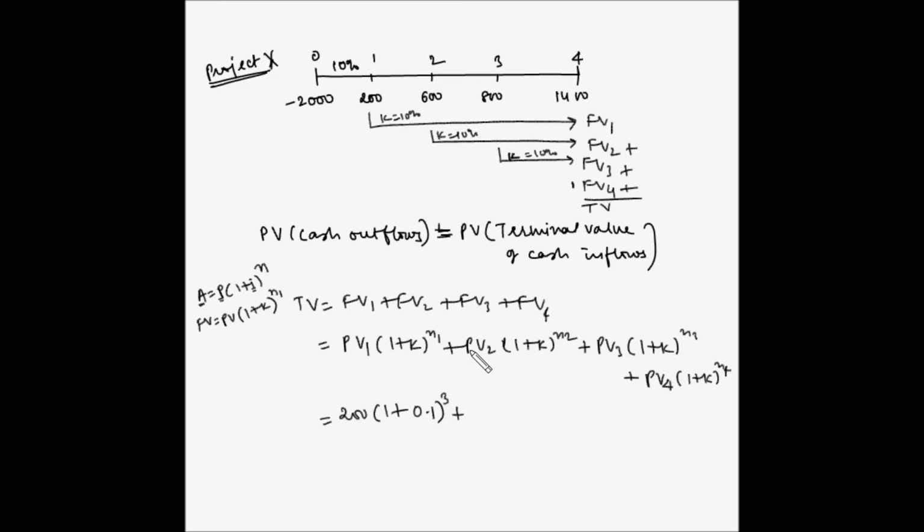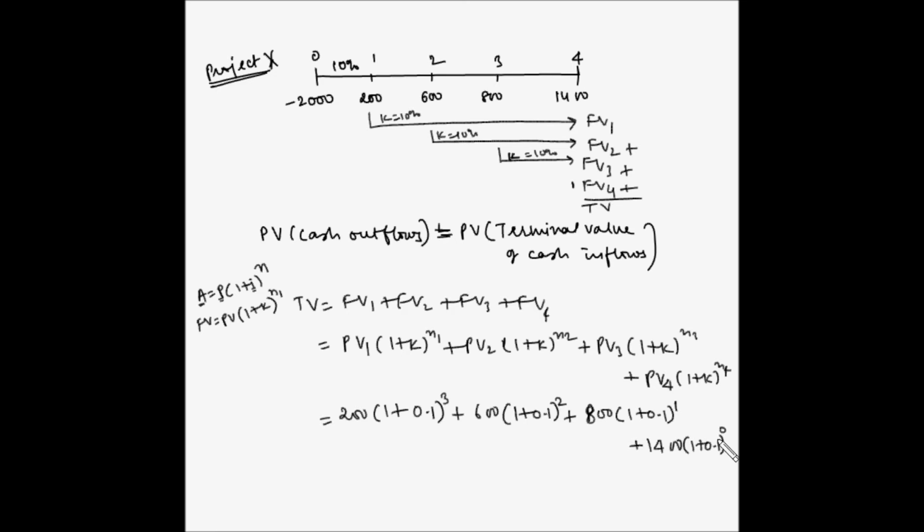plus PV2 is 600 into (1 plus 0.1) to the power 2 plus PV3 is 800 into (1 plus 0.1) to the power 1 plus PV4 is 1400 into (1 plus 0.1) to the power N4, but this will not be compounded for any tenure because 1400 is being received at the end of the total tenure.